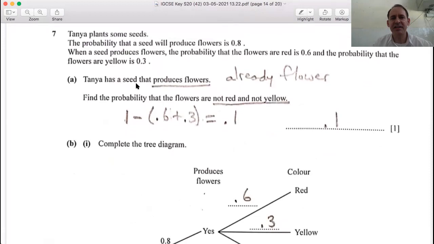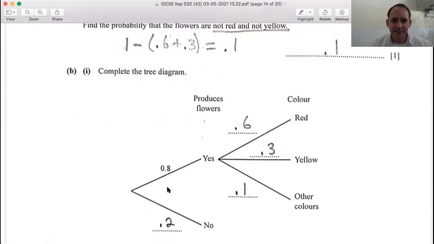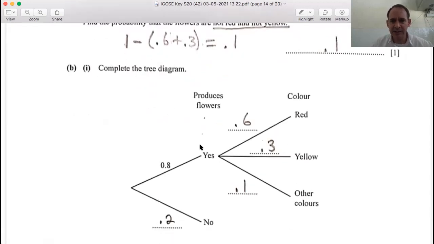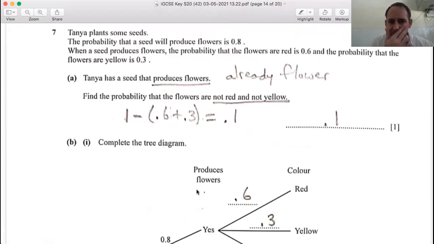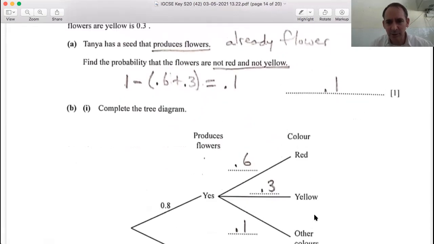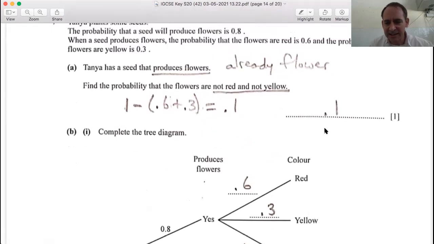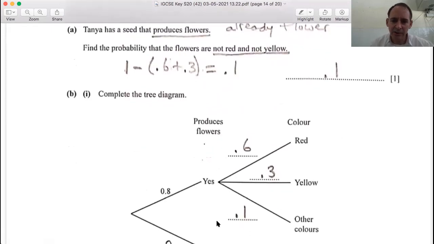Tanya has a seed that produces flowers. In other words, there's already flowers there. So we're not dealing with the first branch, we're dealing with the second one. Find the probability that the flowers are not red and not yellow. This is kind of a hint also how you can calculate this part right here.